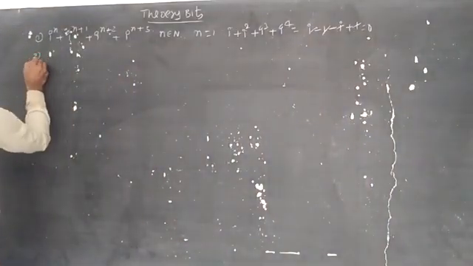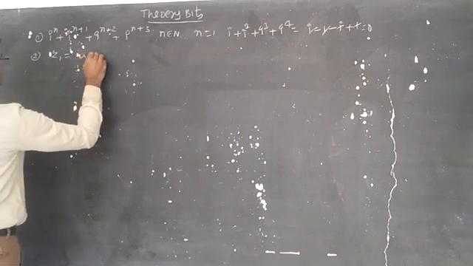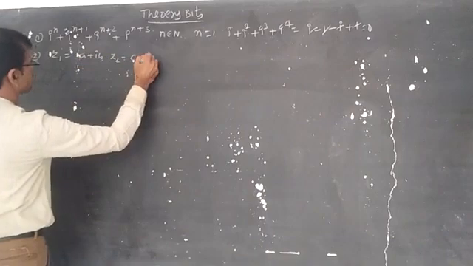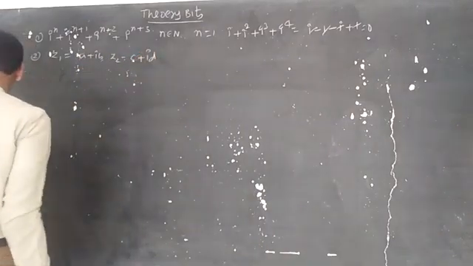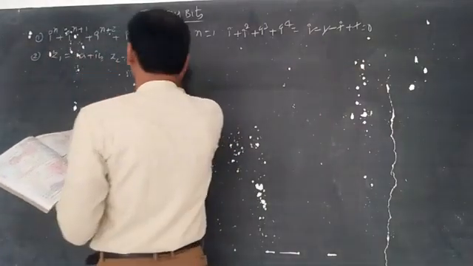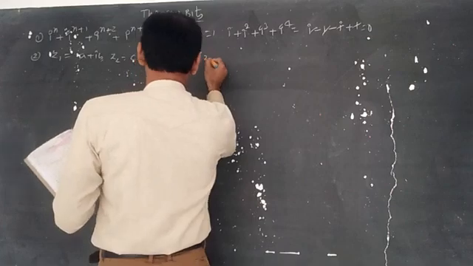Second one: z1 equal to a plus ib, z2 equal to c plus id. It is meaningful for two complex numbers such that z1 greater than z2 is meaningful.